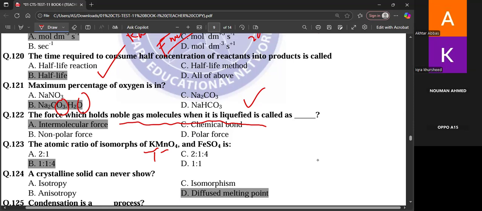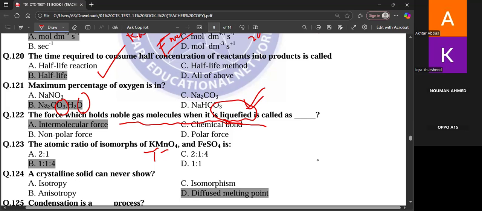Okay. The forces which hold noble gas molecules when it is liquefied. What is meant by liquefaction? When gas is converted into liquid. You know that in liquid, intermolecular forces are greater as compared with gases.